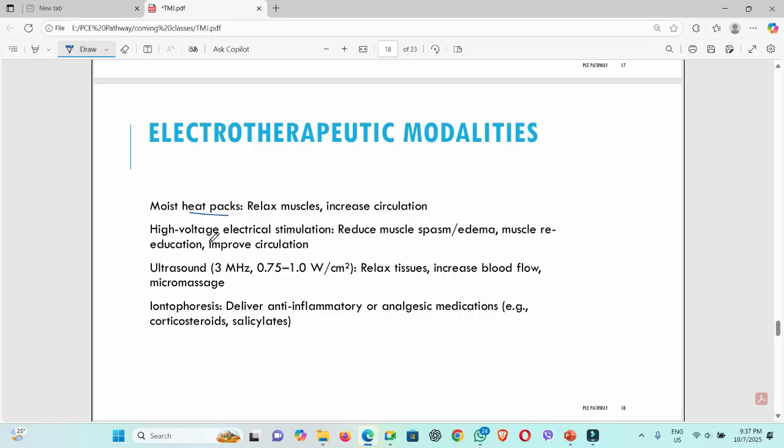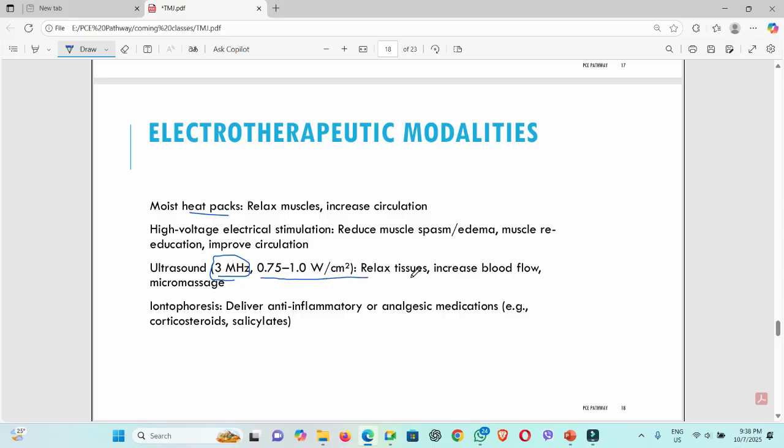Same thing, right? So high voltage electrical stimulation reduces muscle spasm, edema, helps muscle re-education, and improves circulation. Ultrasound, this is important. Since it is a superficial structure, we are using 3 megahertz, 0.75 to 1 watt per centimeter square.